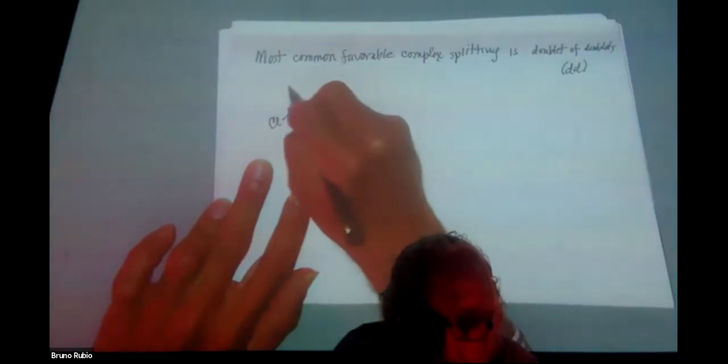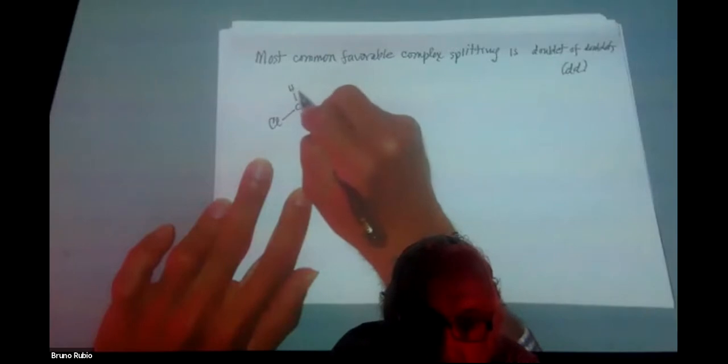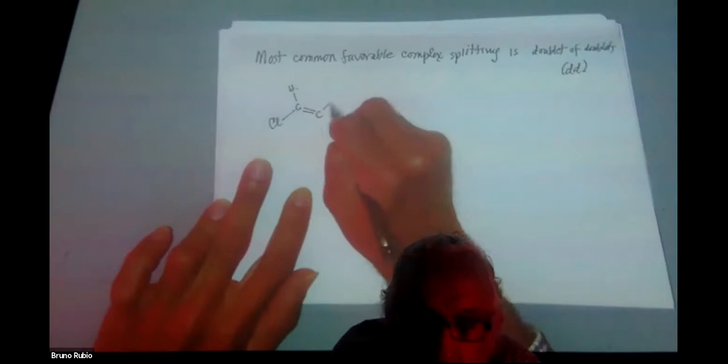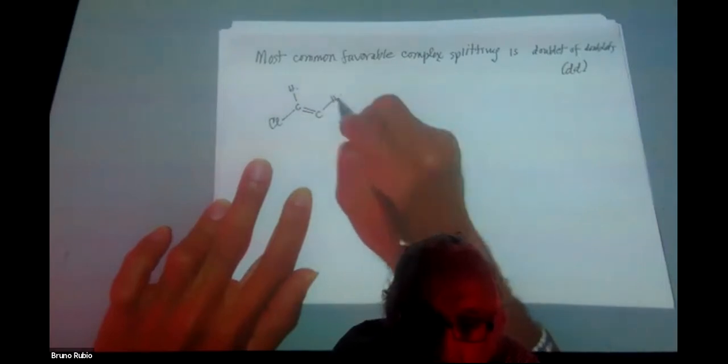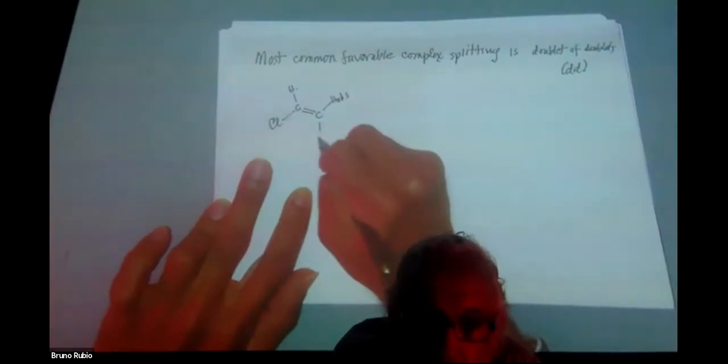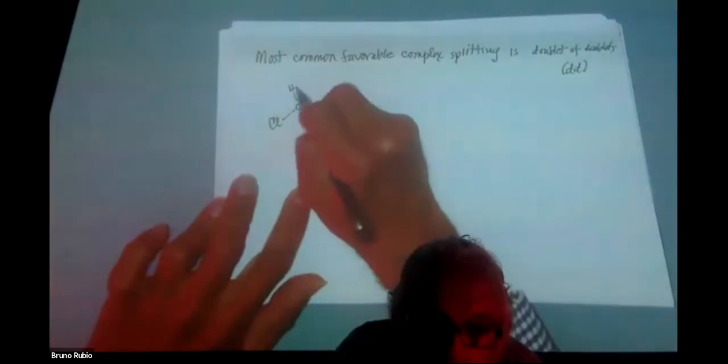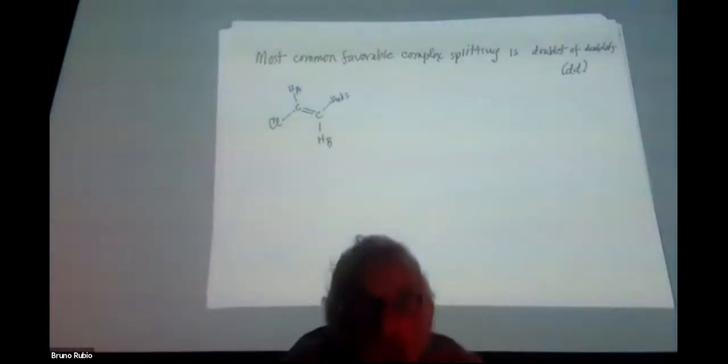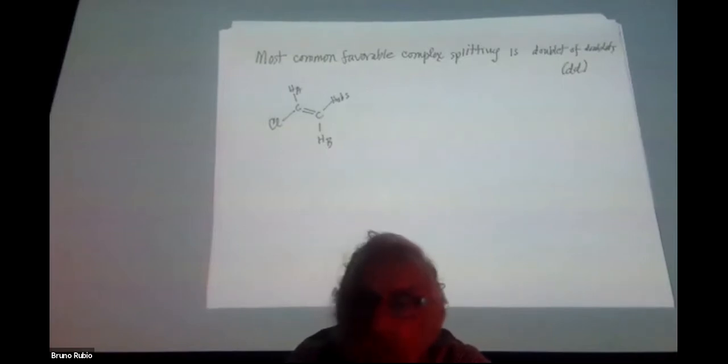For example, in this molecule here, the H observed is split by the HB and by the HA, but the HA and the HB are not equivalent to each other.